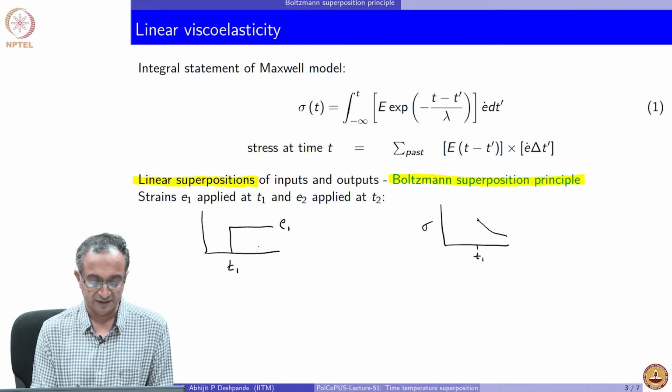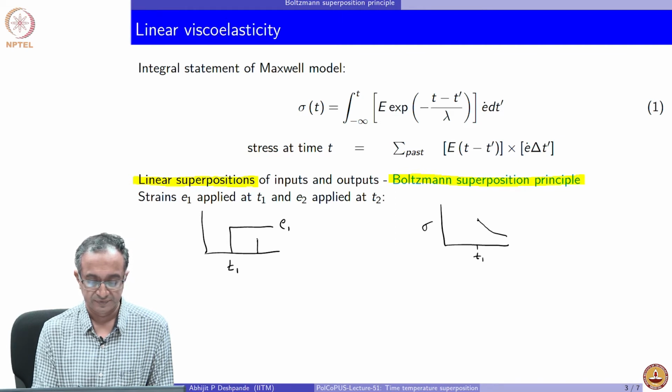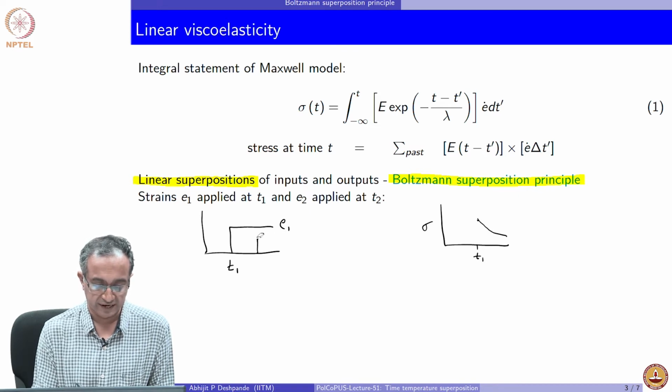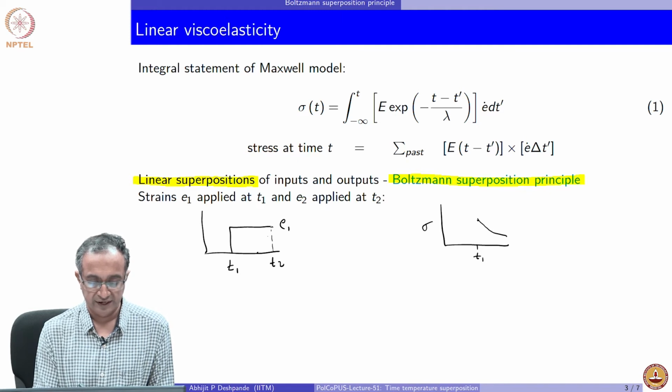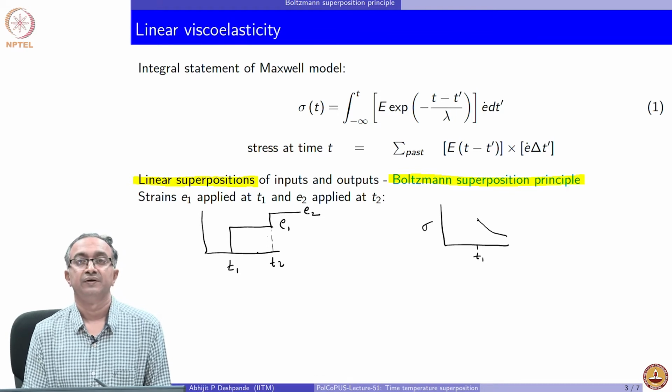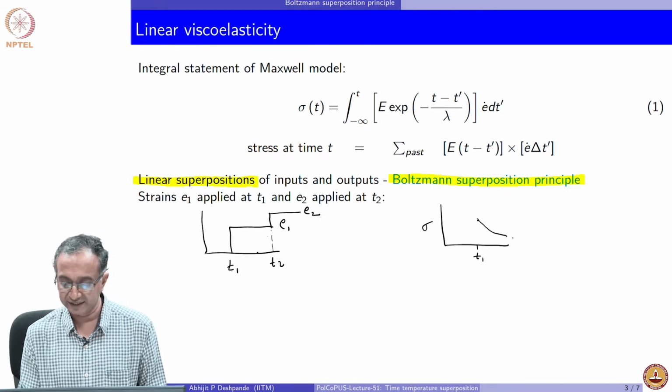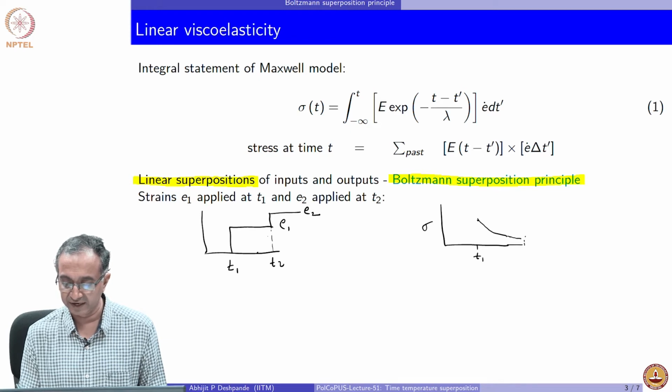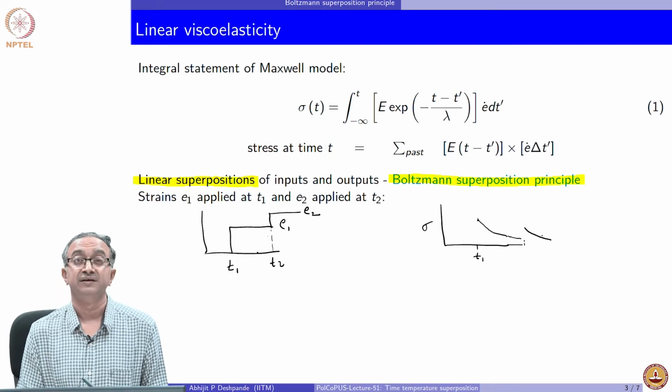Now, let us say at time T2 I apply another strain over and above this, so at time T2 I increase the strain to E2. Then this stress would decay, and at time t equal to T2 it will again increase and then decay.